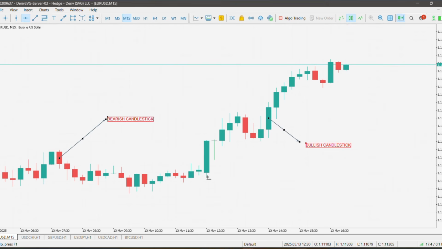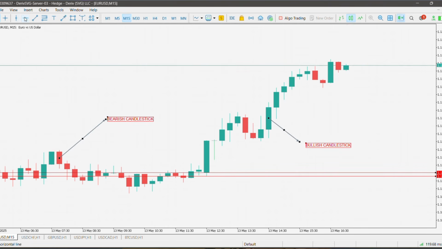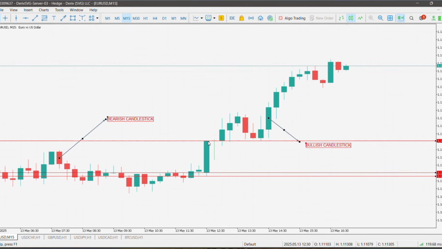And this is its opening price right there, and its closing price was right there. Because it closed at the same price as its highest price, we don't have a tail at the top. Does it make sense? I hope it makes sense.